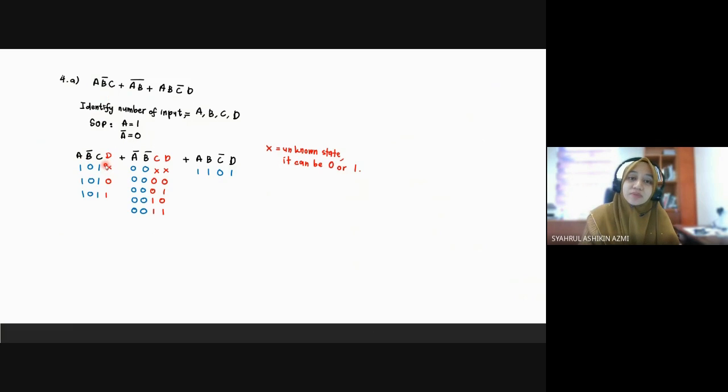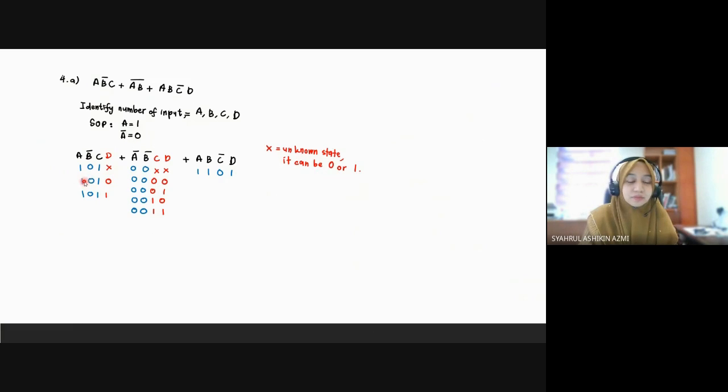It's still unknown, right? So we don't know what the input of D is. It will lead us to a few possible combinations. Let's say X is the unknown state, which can be either 0 or 1. So we need to include both possibilities, when X is 0 and when X is 1.